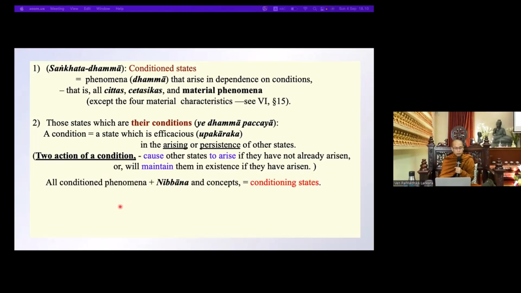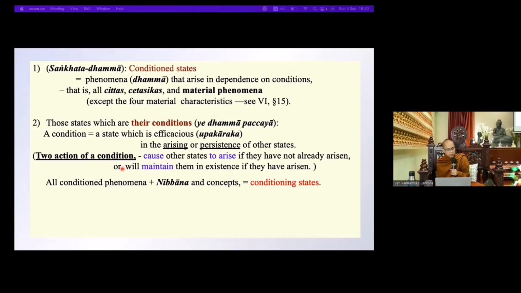If we refer according to the reality, all the conditional phenomena, meaning citta, cetasika, and material phenomena except the characteristic. Additionally, Nibbana and concept also come into account as conditioning states. So Nibbana can be conditioning in this case. We cannot find a condition of Nibbana.